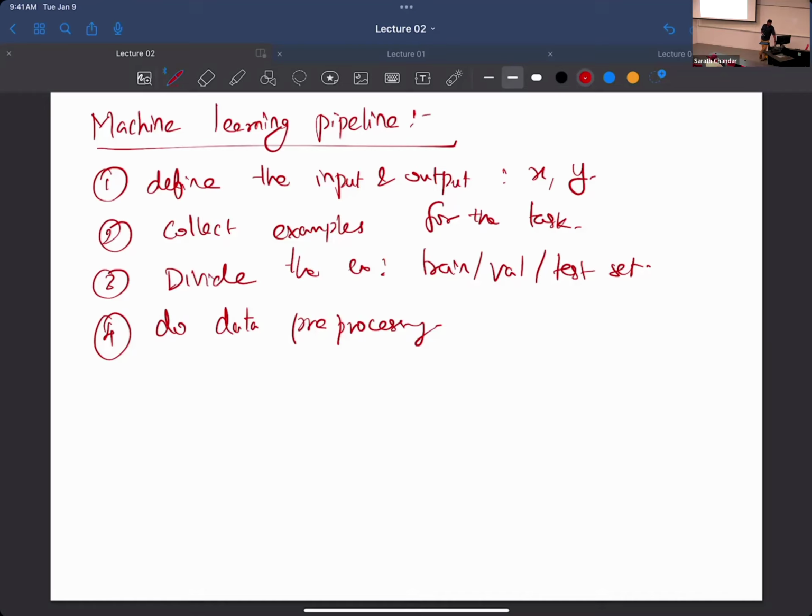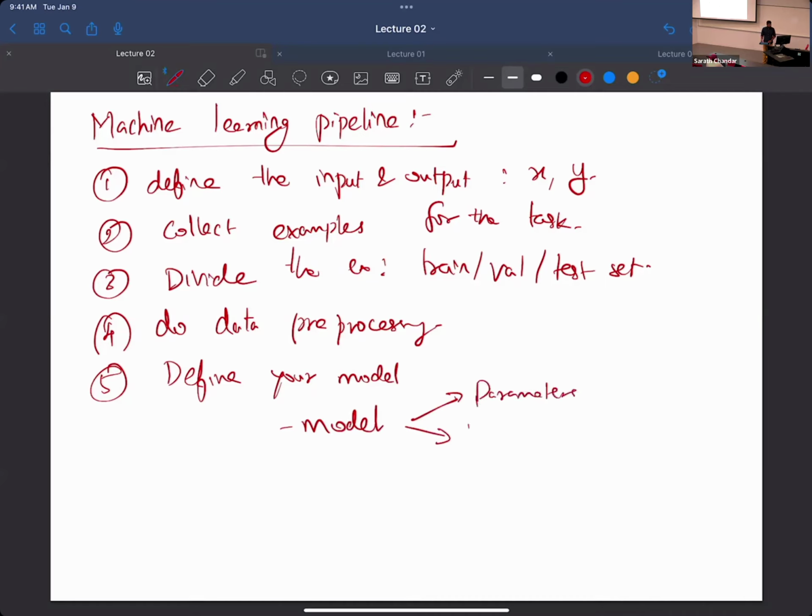Once you finish the pre-processing, the next step is to define your model. You're going to say, I'm going to use a simple linear model, or I'm going to use a polynomial regression model. When you define your model, it is going to come with a set of parameters to learn from the data and also hyperparameters. Then the next step is to define the error function.